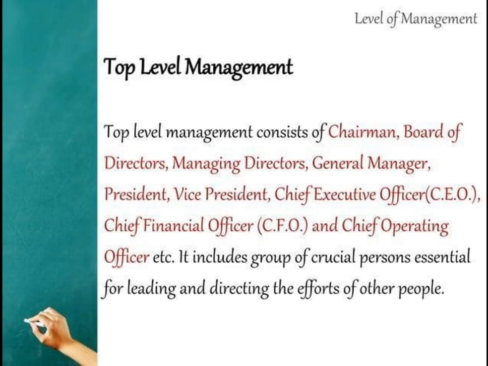The top level management consists of a chairman, board of directors, called BOD, and managing directors, general managers, presidents, vice presidents, chief executive officers, CEOs, chief financial officer, and chief operating officer, etc.